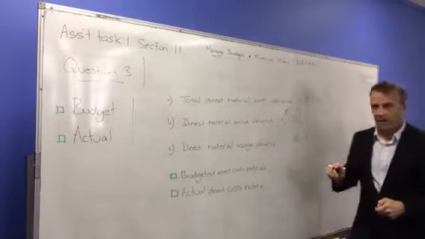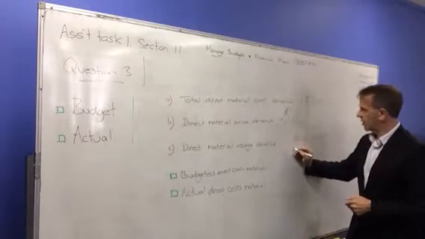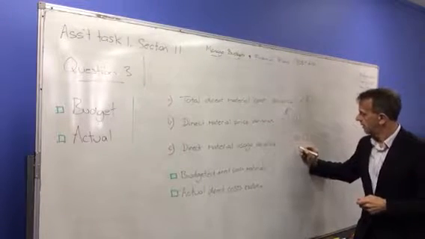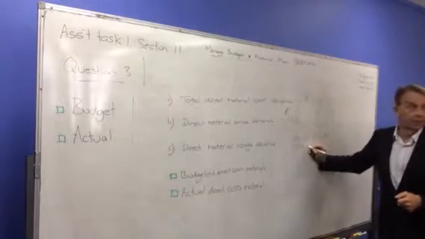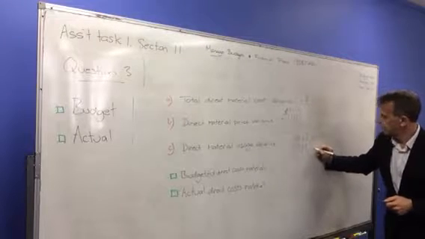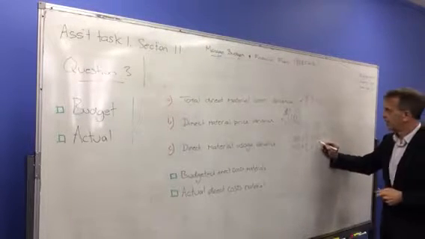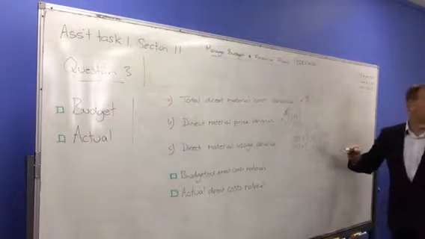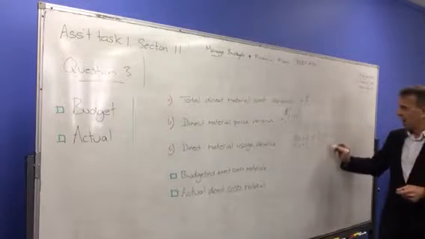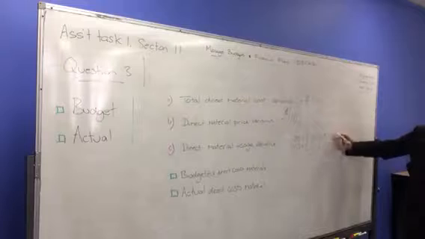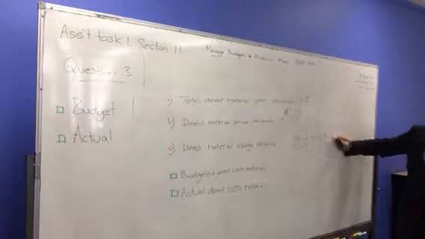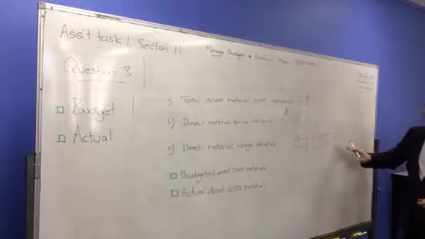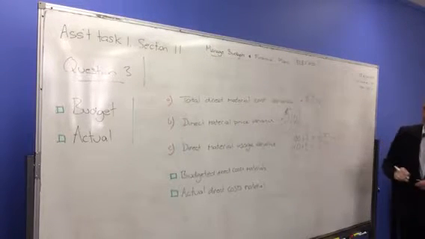And what did actually happen? We made 110 cakes times 2, which equals 220. Good, I'm glad you were on the ball. And what's the variance of these two numbers? 20. That's the variance between these two numbers.